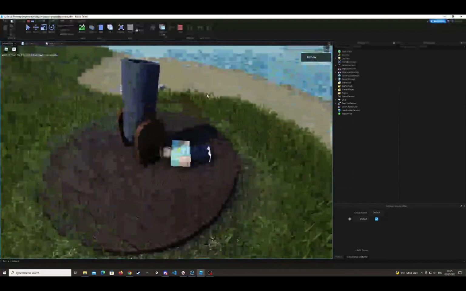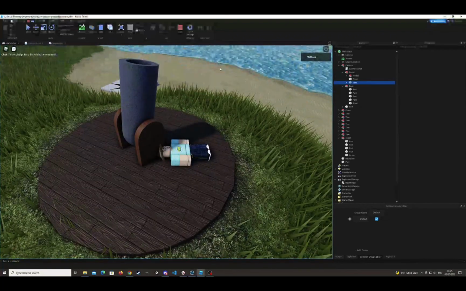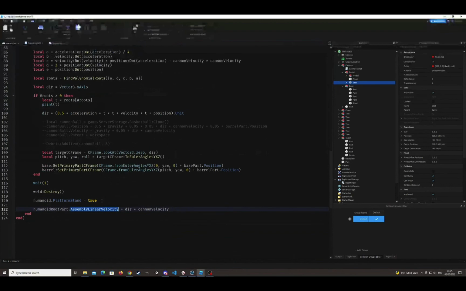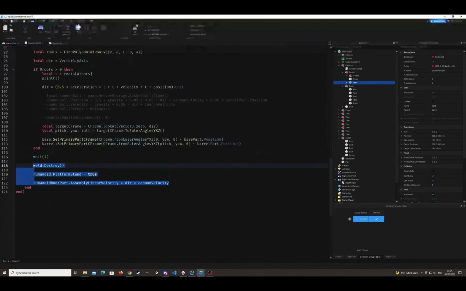Okay. Maybe just try jacking the velocity up. Maybe I actually need to wait a frame here. Classic. Because this destroy might not. Yeah, I don't know.